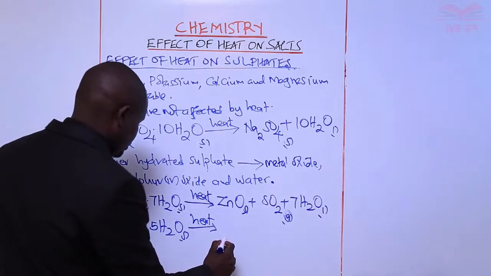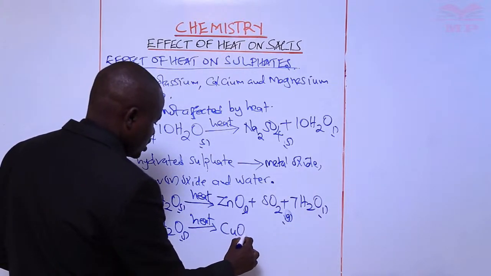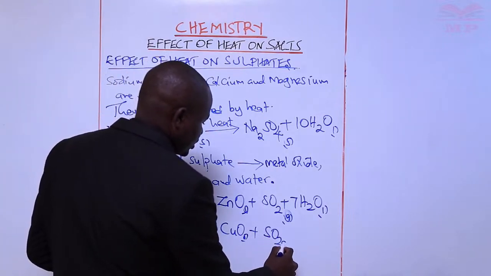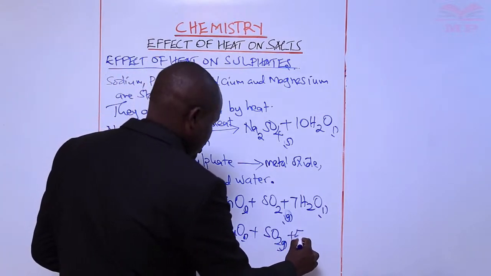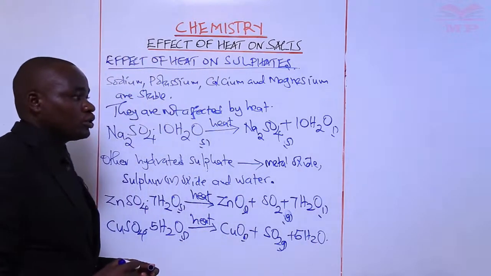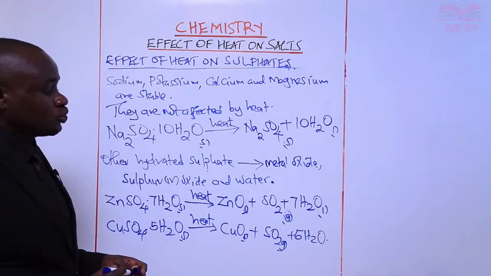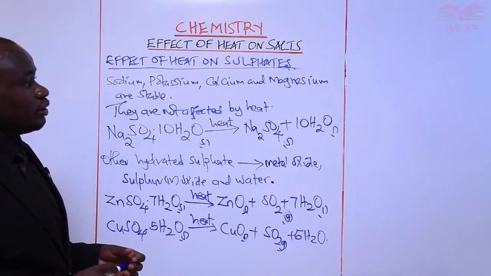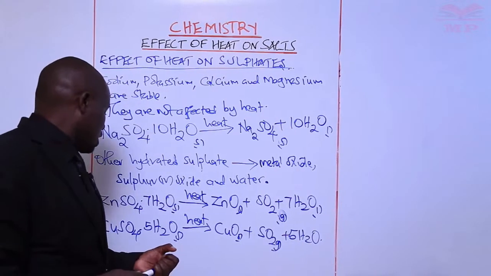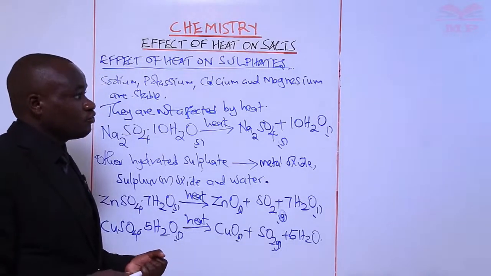This one decomposes to give you copper oxide plus sulfur oxide, and then plus the 5 molecules of water of crystallization. So we finish by mentioning the effect of heat on hydrated iron 2 sulfate.